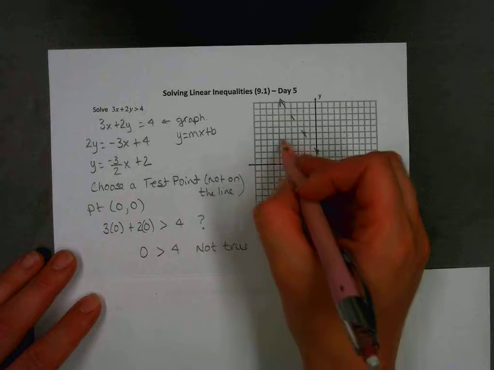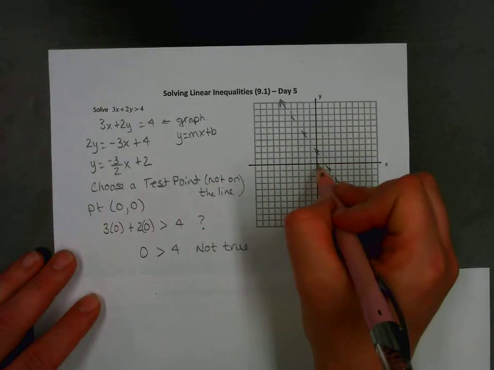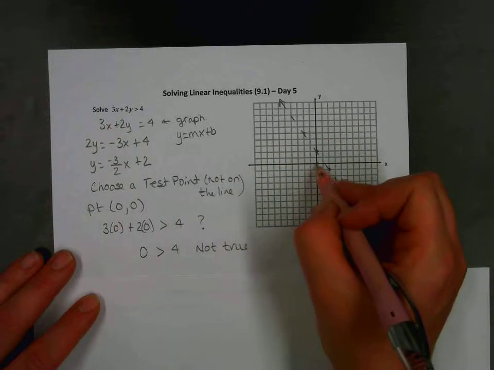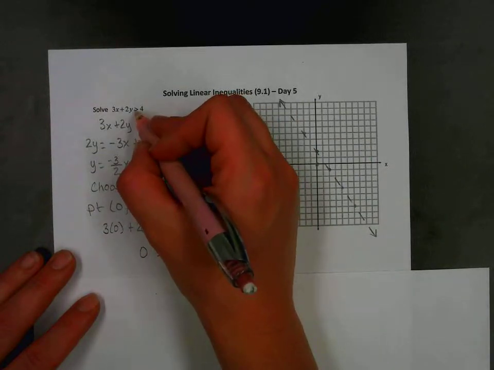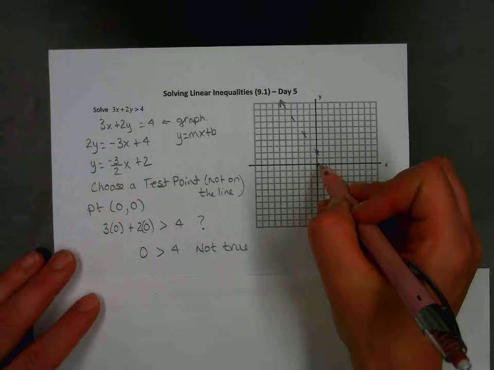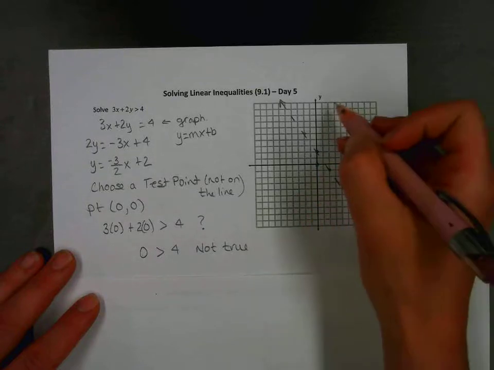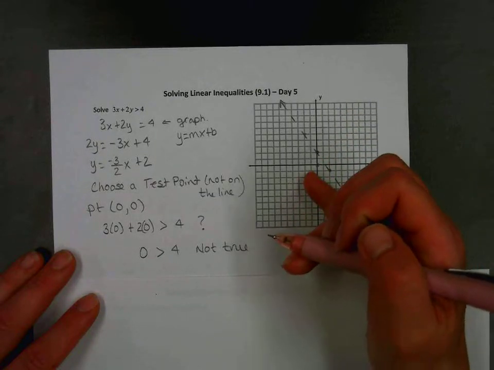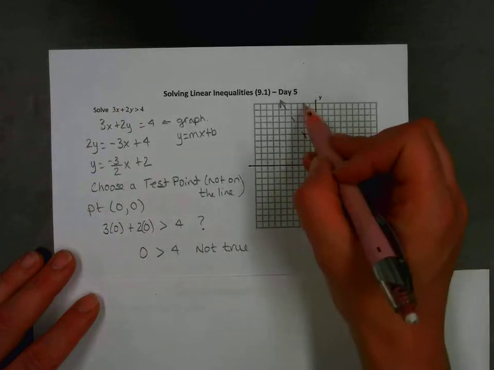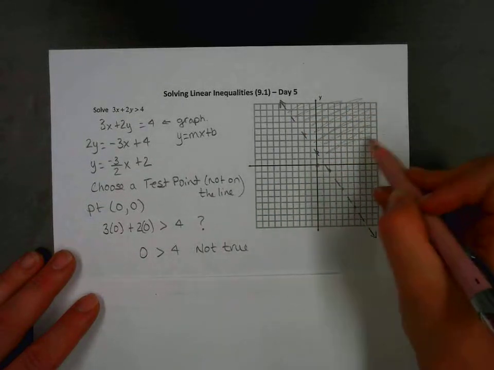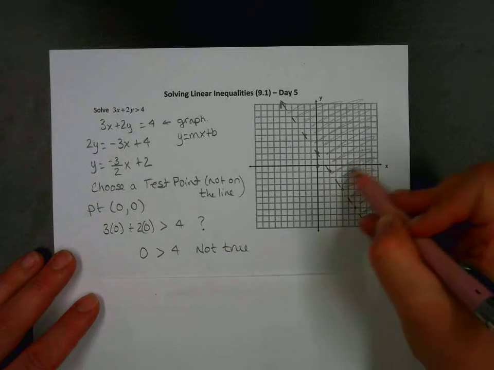So look at my coordinate grid here. Here's my 0. This is not a value that is greater than 4. So I'm going to shade in the area of my graph that is opposite of this point. I want all the points that are true for this statement.